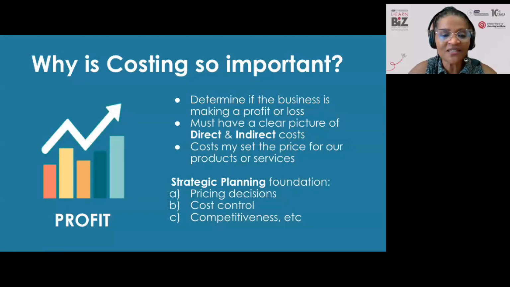Why is it important? I've said it again, to be able to determine if the business is going to make a profit. If we get an indication that if I cost this and I find that this is outpricing the market I'm targeting, I go back to one of you, I can't remember who it was, where you said, what if I find that everyone is saying I'm charging certain prices in the township.